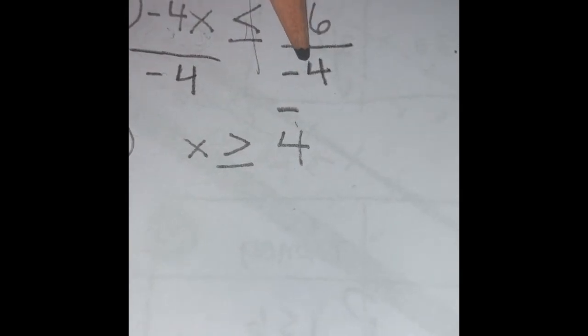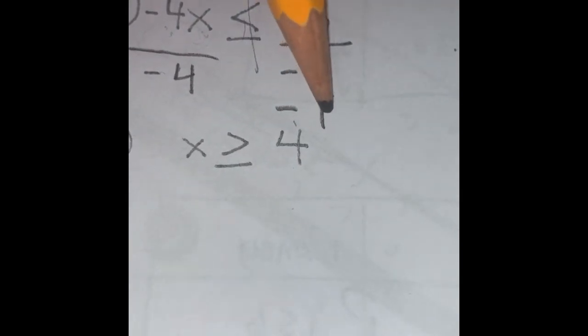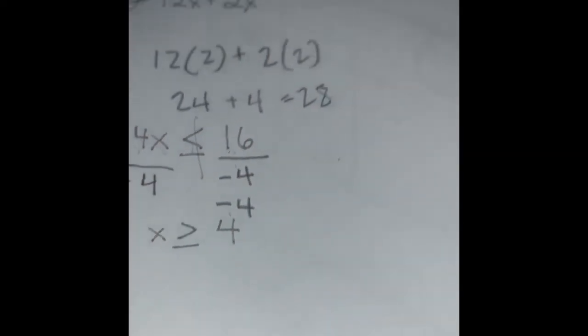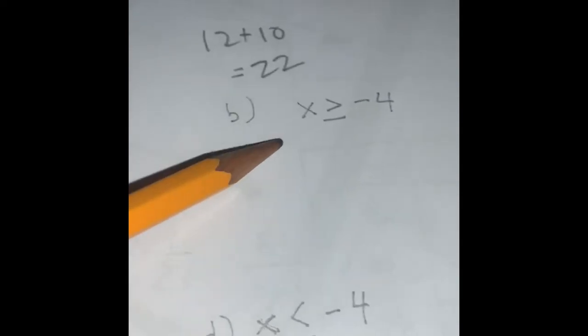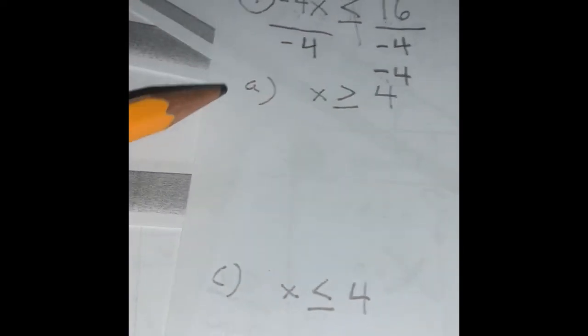And 16 divided by 4 will give us 4. So we know that something has to be negative 4. So I know I can cross off A because that is +4. And I know I can cross off C because that is also +4.